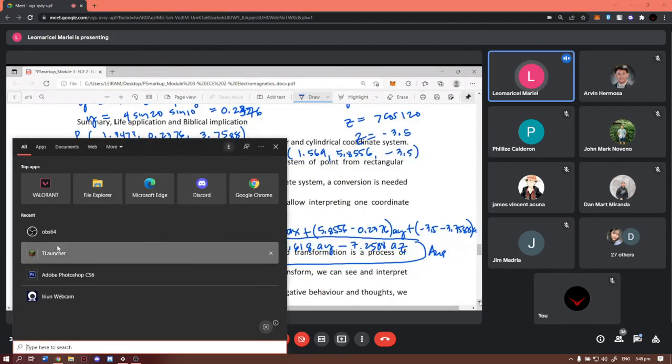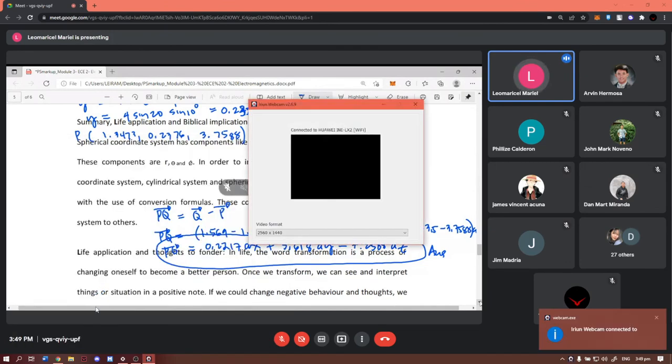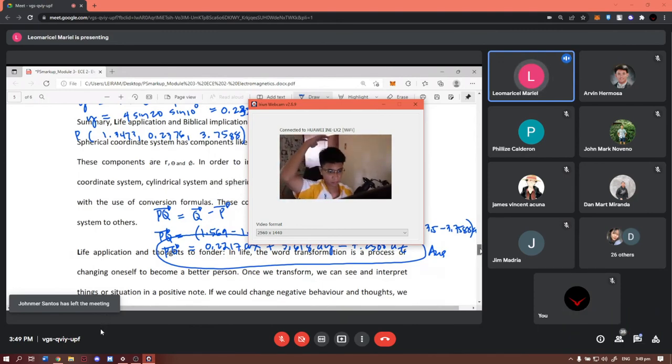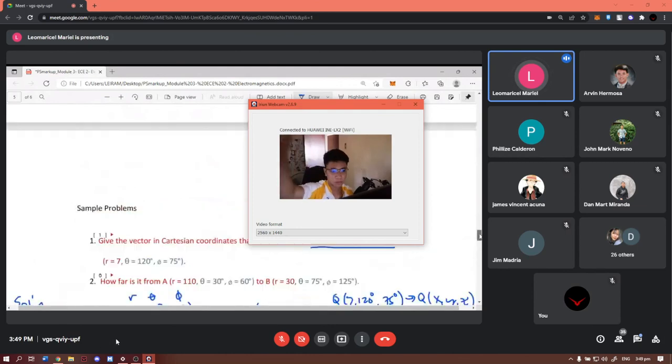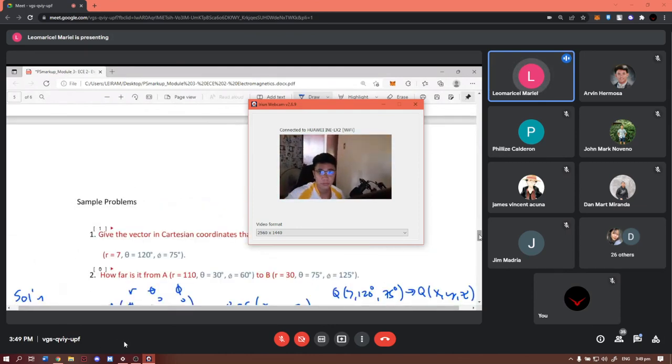So yung formulas na binigay ko sa inyo, tandaan nyo yun, no? So these conversions allow interpreting one coordinate system to another. Okay, so next meeting, we're going to discuss problem set that includes transformation of rectangular coordinate system vector papunta sa cylindrical at spherical.